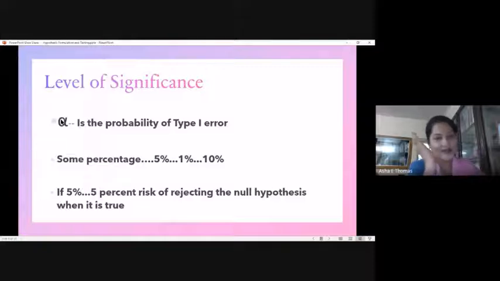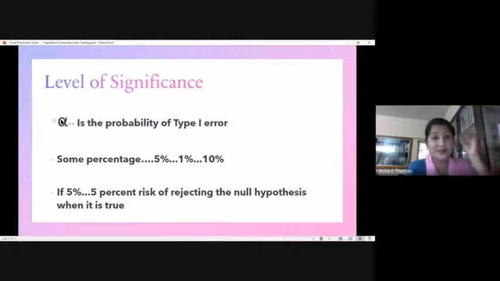A researcher looks into the external environment, the situations, the prevailing conditions. Based on all these, the researcher might say that yes, there is a 5% chance of rejecting the null hypothesis when it is true.